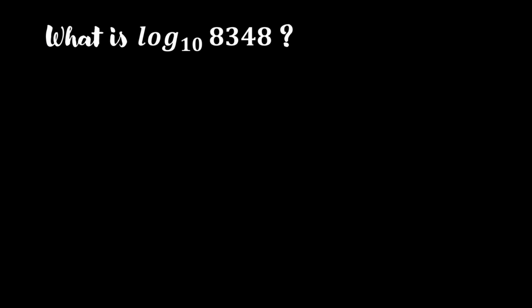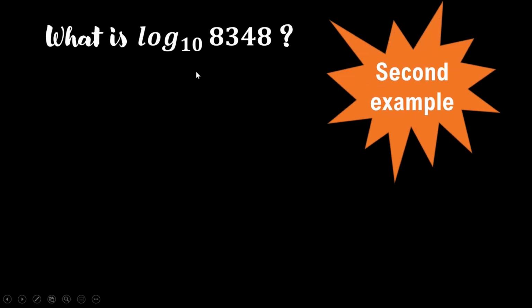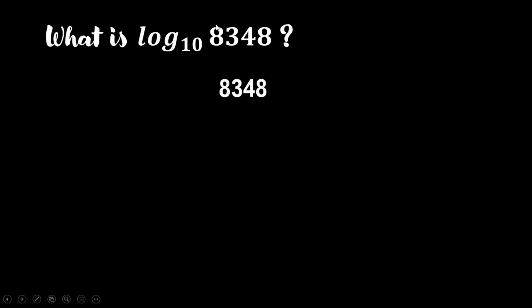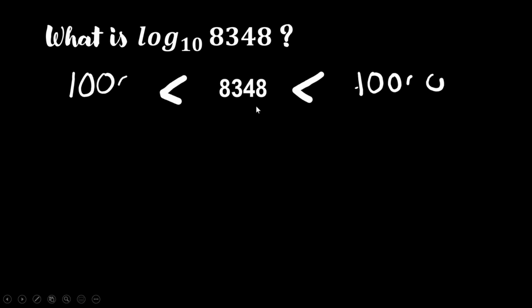Now let's verify it with a second example. If we want to find the logarithm of 8348 with base 10, we can see that 8348 lies between, yes, you are right, 1000 and 10,000. It lies between these two integers.